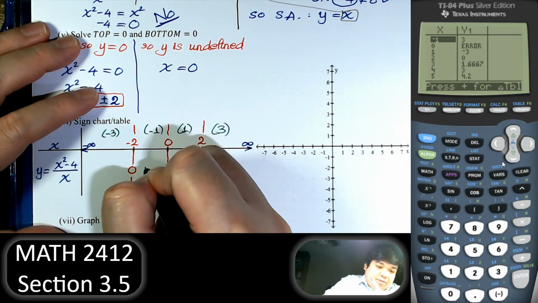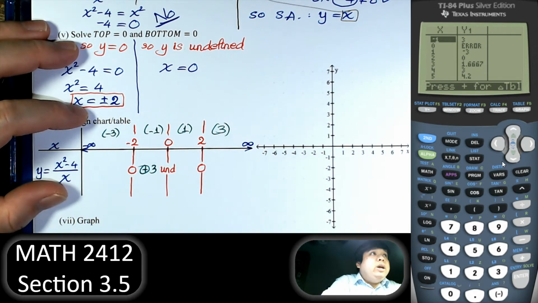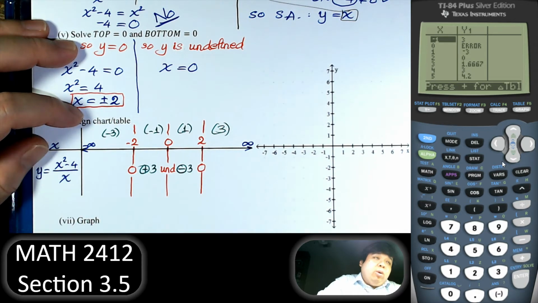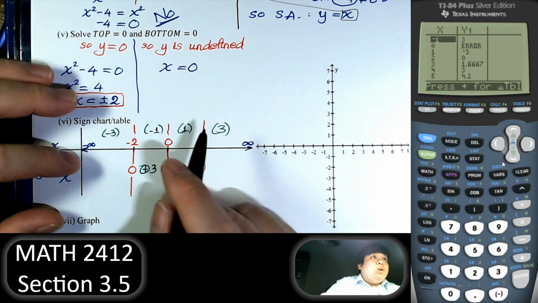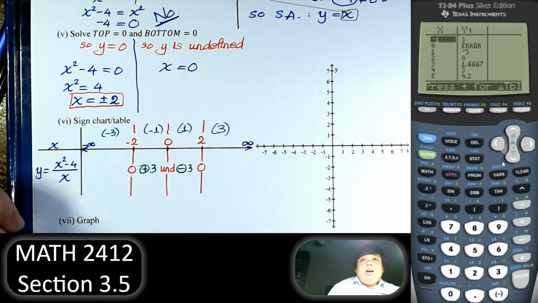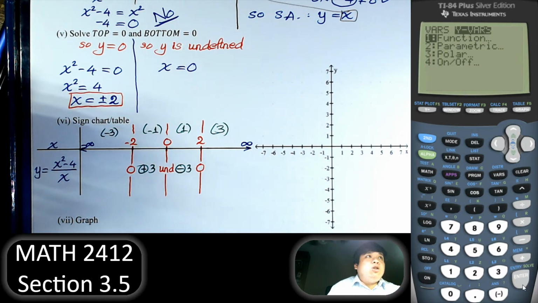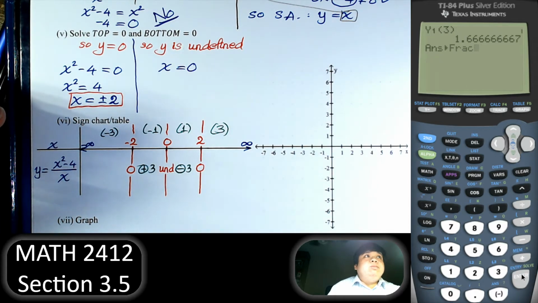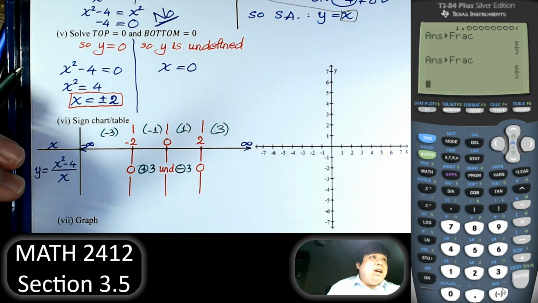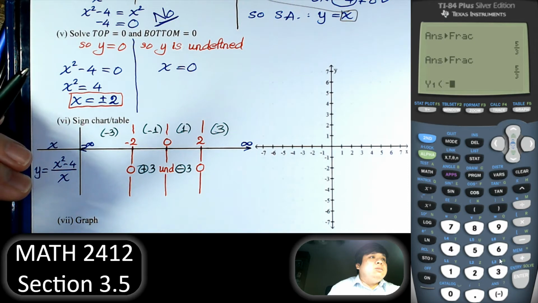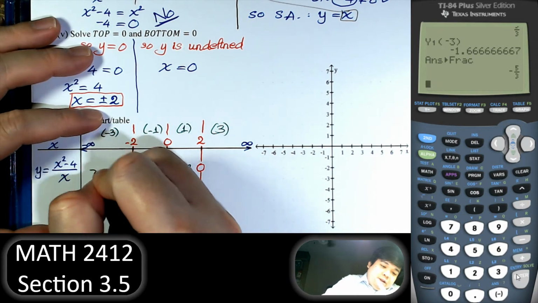When x equals 1, it is negative 3. When x equals 3, it is 1.667, that's 5/3. We can use the y variable function, y1, evaluate at 3, and convert to fraction. And then negative 3 gives negative 5/3.